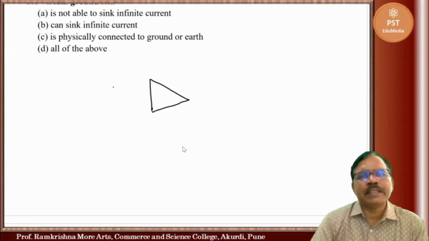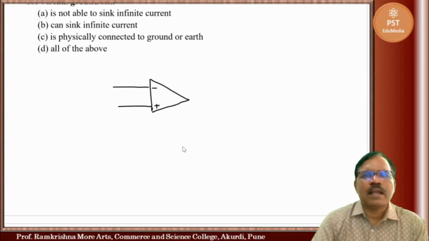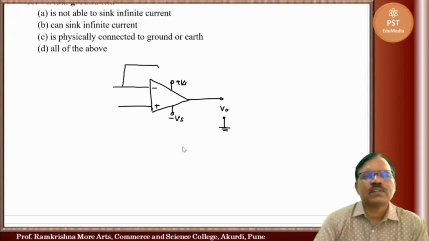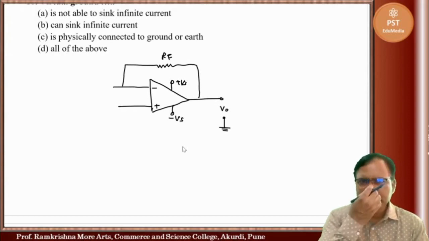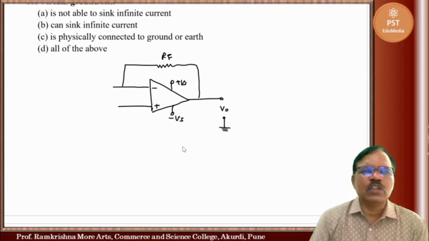This is the operational amplifier. This is the inverting terminal. This is the non-inverting terminal. And this is the output terminal, V0. Here we have the supply voltage plus Vs, minus Vs, and here we give feedback to the inverting terminal, so it is negative feedback.